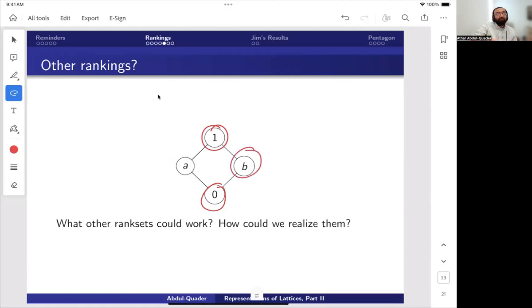This 0, B, and 1 can also be realized, and essentially you just switch around the inequality that I had, so have x greater than y instead, and then you'll get the same kind of thing. Okay. What else?